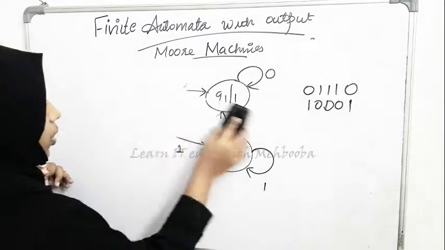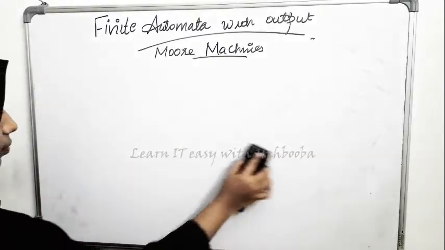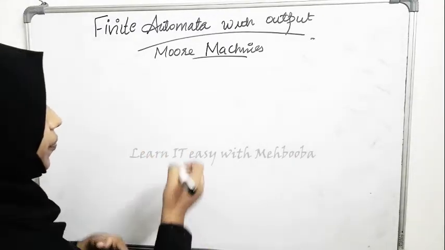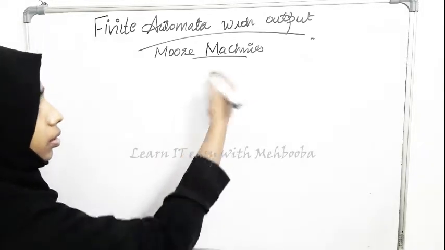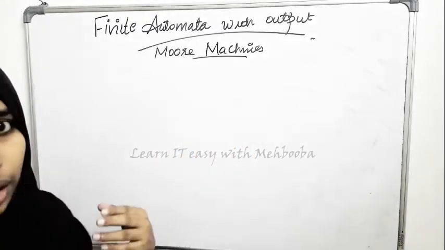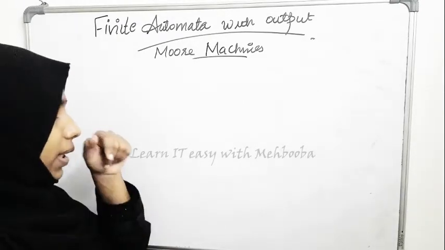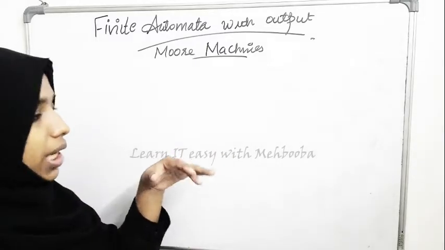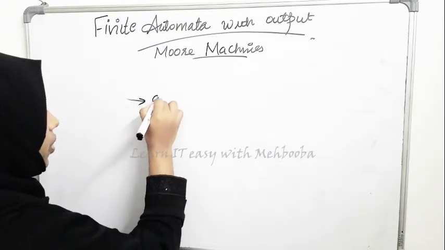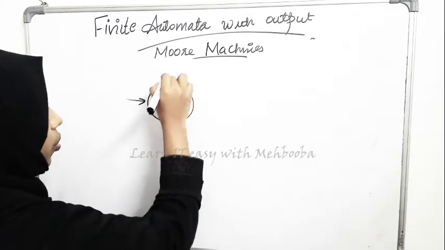Now we will see one more example. So the next question we will do is, if the input contains a substring 1, we will output the state yes, or we will output the state no. Okay, so if we are having 0, you can output no, for any number of zeros.